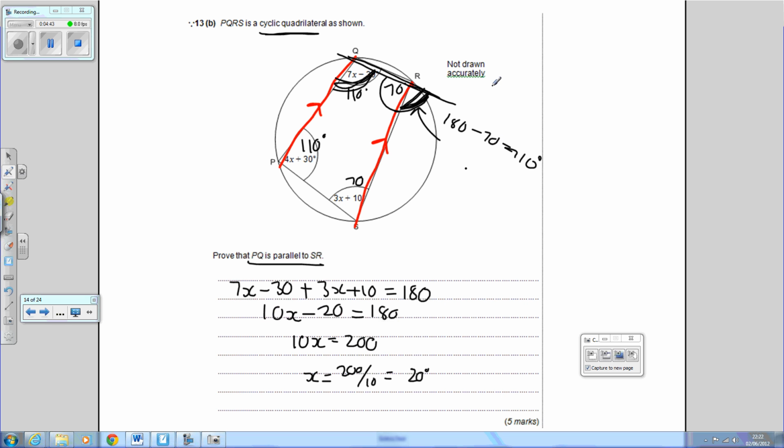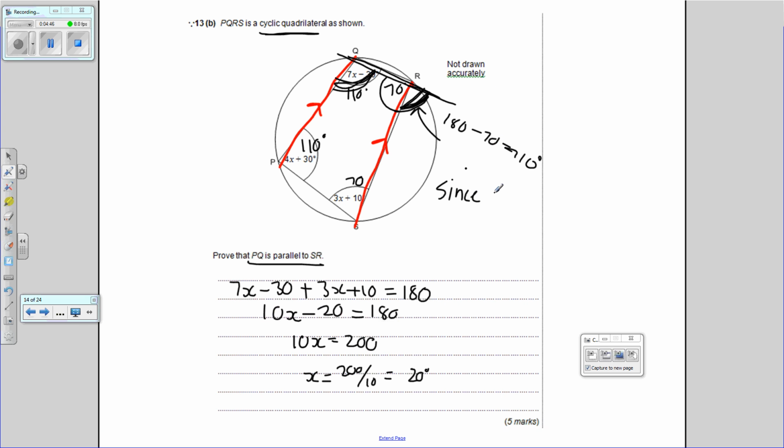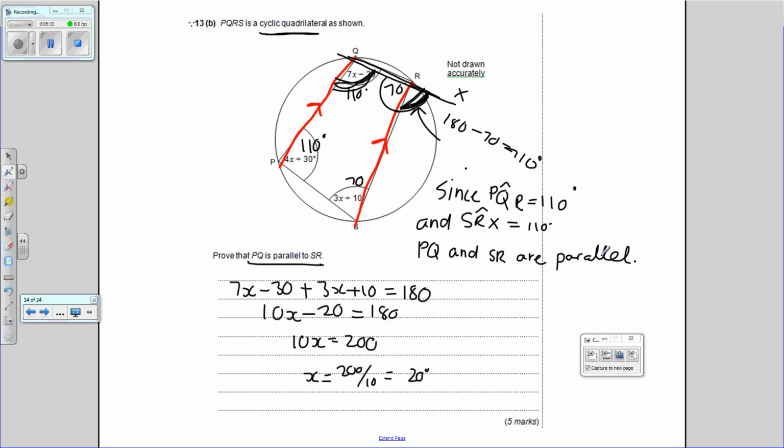Right, so you could write somewhere, since angle PQR equals 110, and this angle here, let's make up a point here, let's call it X, SRX equals 110, then PQ and SR are parallel.